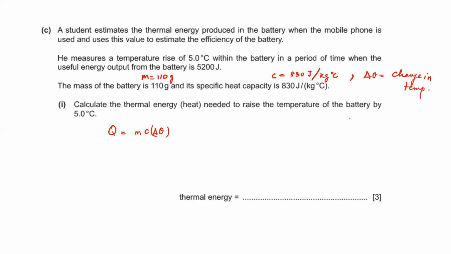The change in temperature is 5 degrees centigrade, mass is 110 divided by 1000, that is in kg.